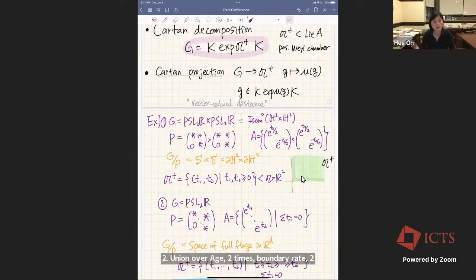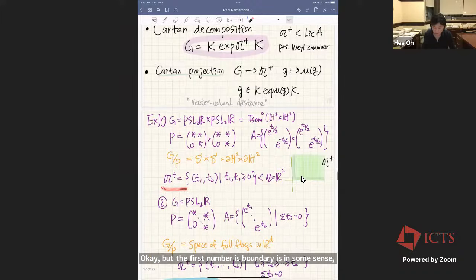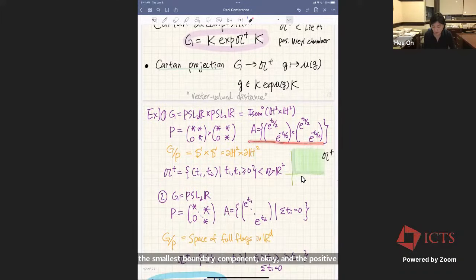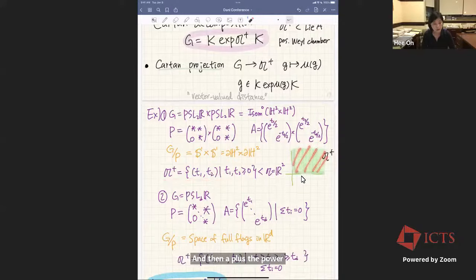So the geometric boundary is much bigger, but the Furstenberg boundary is in some sense the smallest boundary component. And the positive Weyl chamber in this case: the Lie algebra of A can be identified with R2, where we send these two points to t1, t2. So the Lie algebra of A is simply R2, and A plus, the positive Weyl chamber, is simply the first quadrant in R2.